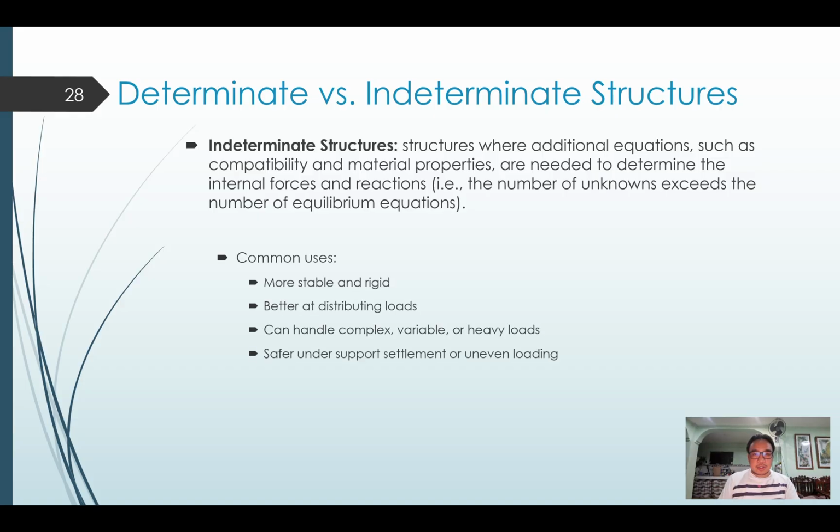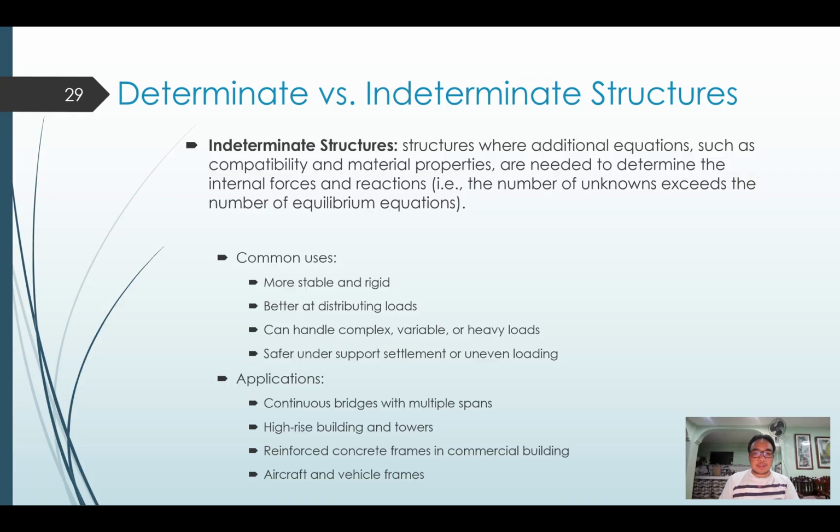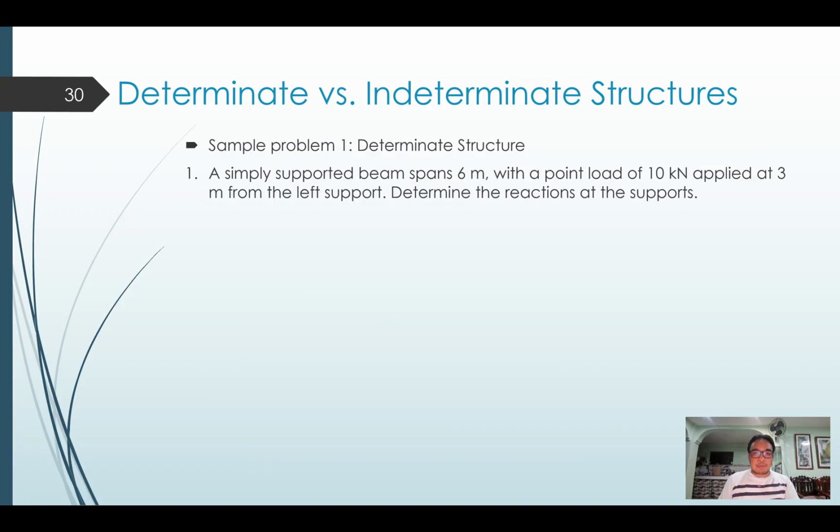Common uses: more stable and rigid, better at distributing loads, can handle complex, variable or heavy loads, and safer under support settlement or idle loading. Applications: continuous bridges with multiple spans, high-rise buildings and towers, reinforced concrete frames in commercial buildings, and aircraft and vehicle cranes.